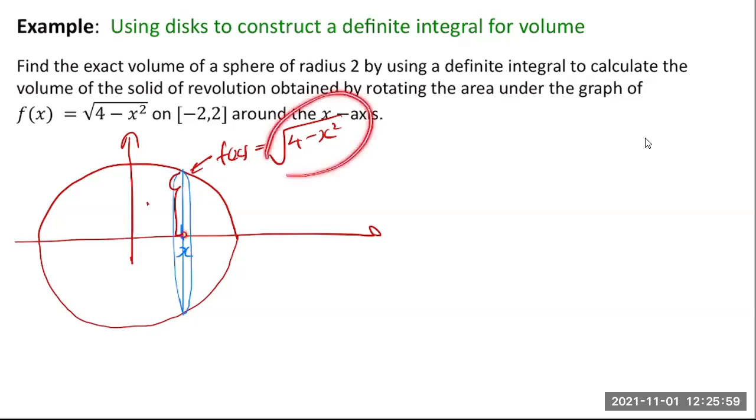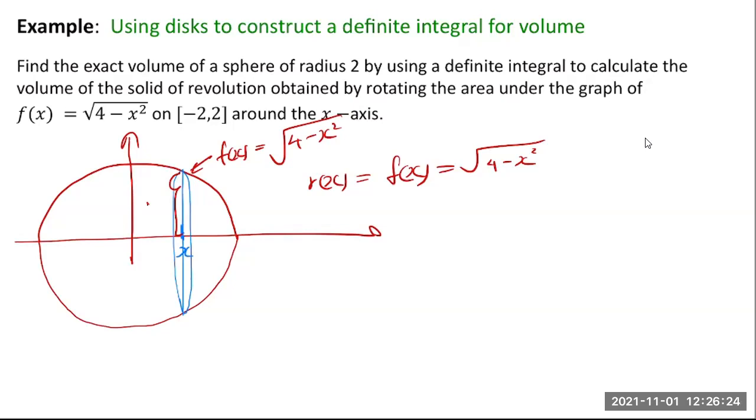You just plug in this x value in your function. That will give you the radius of the circle. That means this height. That is f of x. So the radius is known. My r of x in this case is equal to f of x, or square root of 4 minus x squared.